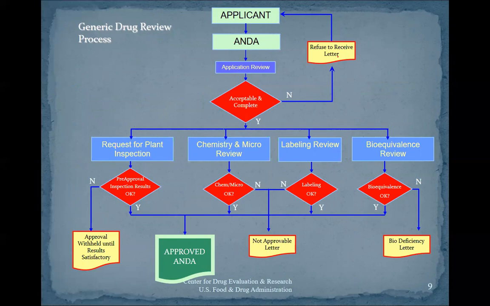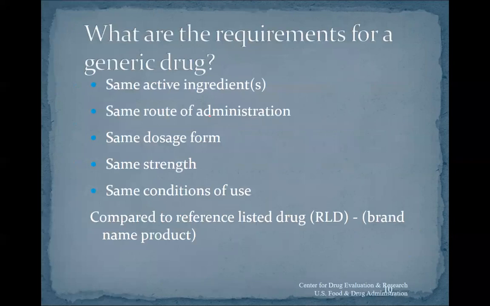Whenever we talk about the Abbreviated New Drug Application, the application is reviewed to see whether it is acceptable or not, under 4 headings: plant inspection, chemistry, labeling, and bioequivalence review. If there is any problem in any of these, the drug is not approved as a generic drug.